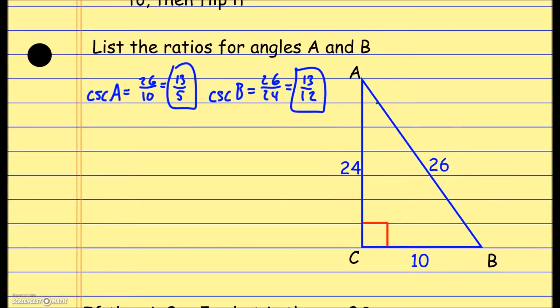If I move on to secant next, our secant functions. The secant of A, if I'm looking at angle A, is the same thing as cosine, except we flip it. Cosine would be adjacent over hypotenuse. So instead, I'm going to do hypotenuse over adjacent, 26 over 24.